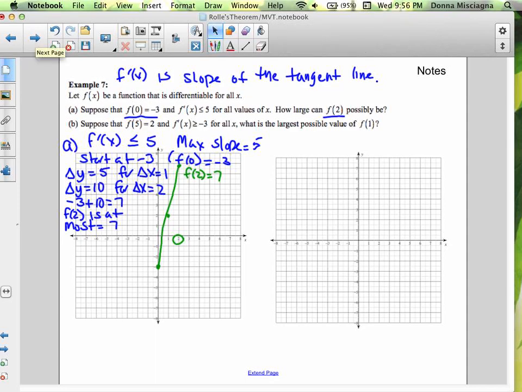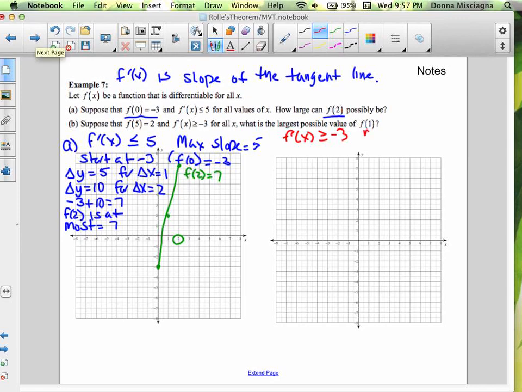Right, let's look at the second one. Suppose that f of 5 is 2 and f prime of x is greater than or equal to negative 3 for all x. What is the largest possible value of f of 1? Well, f prime of x is greater than or equal to negative 3, so our slope is negative.